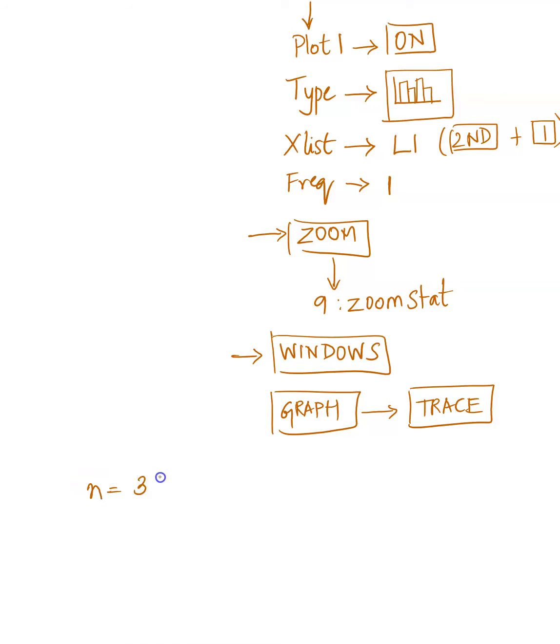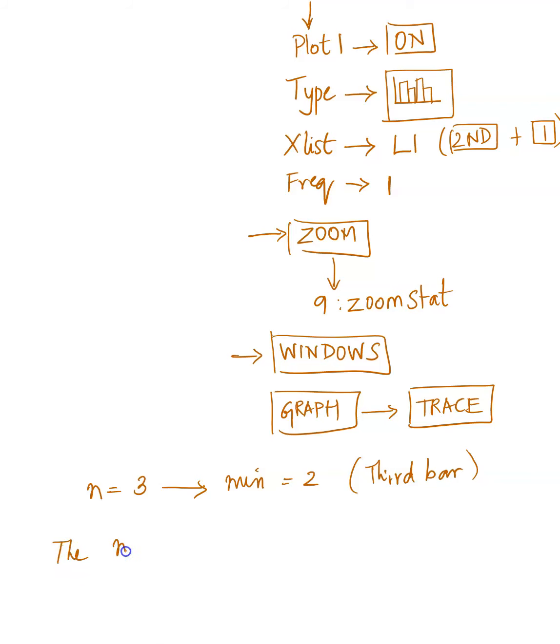So n equals 3 when min is 2, and we're looking at the third bar under the trace. Okay. Now these are details you see in your calculator, but you have to come back and interpret this.